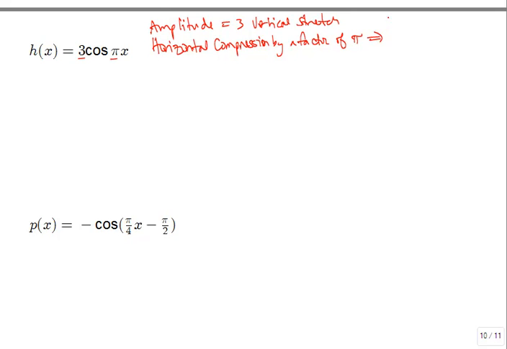Whenever you have a horizontal stretch or compression, that means you have a new period. So use your formula. The formula is always 2 pi divided by b. And in this problem, our b is pi. So what happens, this is the strange part, the pi's cancel out, and we just get a period of 2. So there's no pi involved at all anymore.